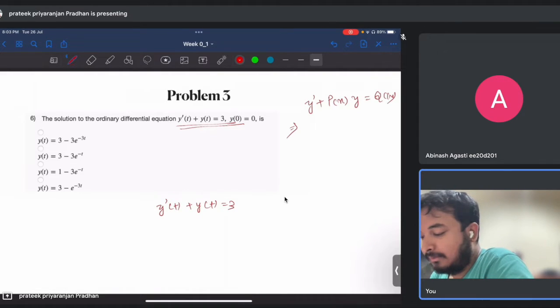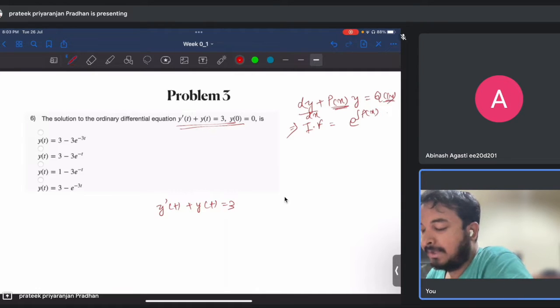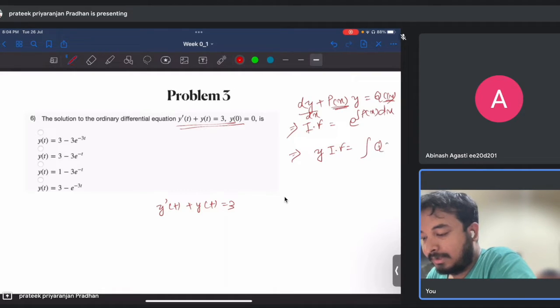The solution consists of an integral factor, which is e to the power integration of p of x dx. Then y into the integral factor is equal to the integration of q of x into the integral factor. Here the integral factor is nothing but 1.